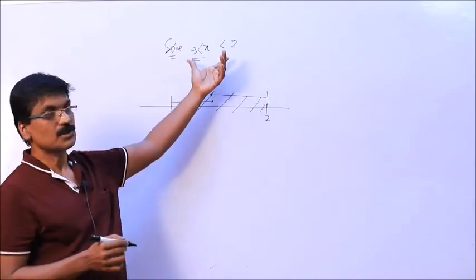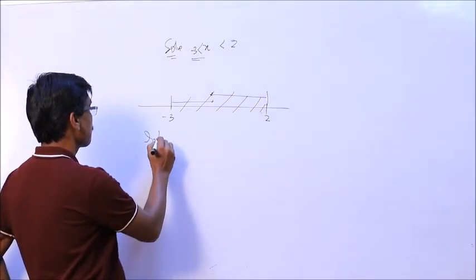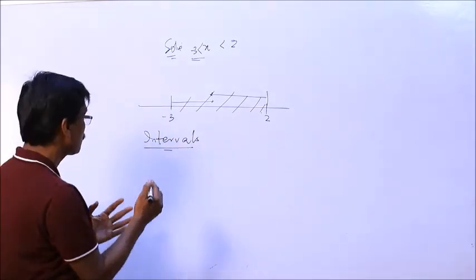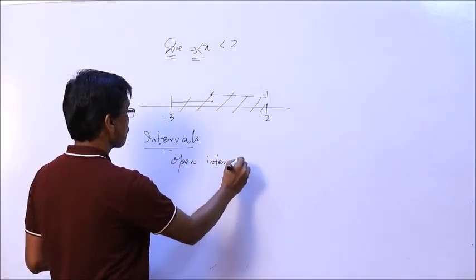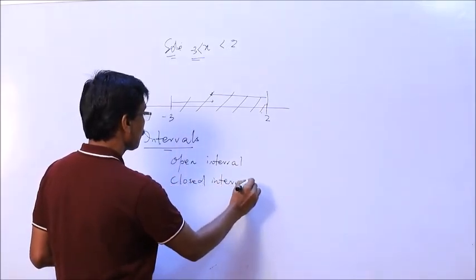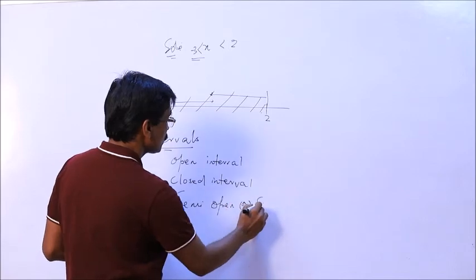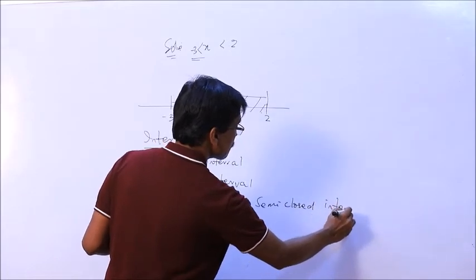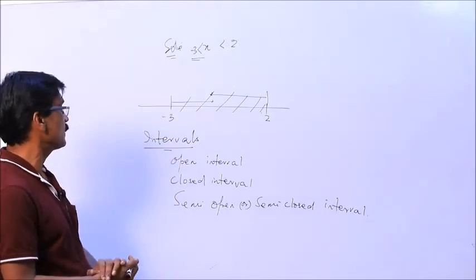So, we can express the solutions in form of intervals. Intervals are of types: open interval, closed interval, and semi open or semi closed interval. So, the solution of this inequality can be expressed in form of interval.